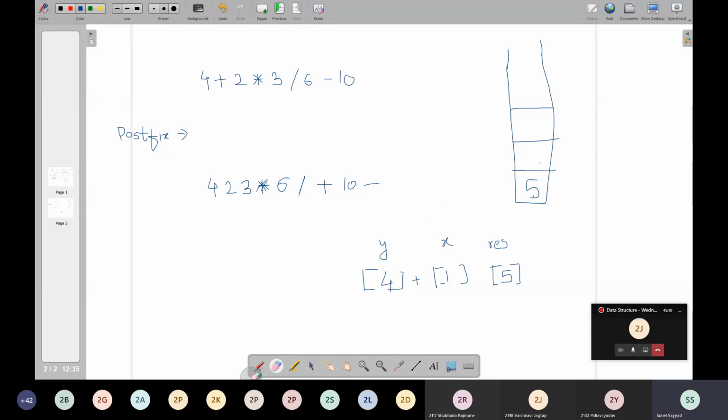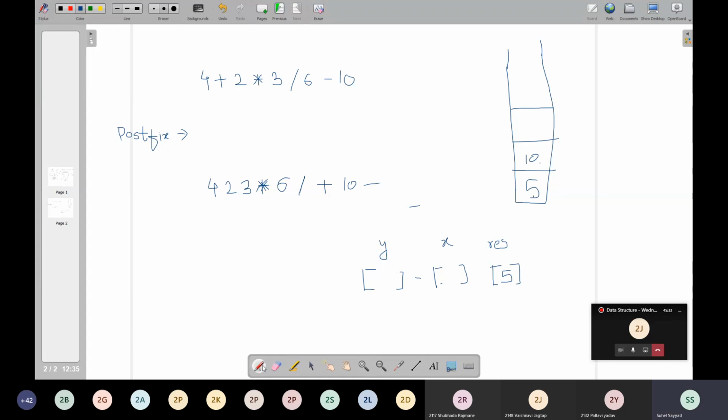Next thing that will scan will be 10. Further, this 10 will be pushed on the stack. Then minus will be scanned.